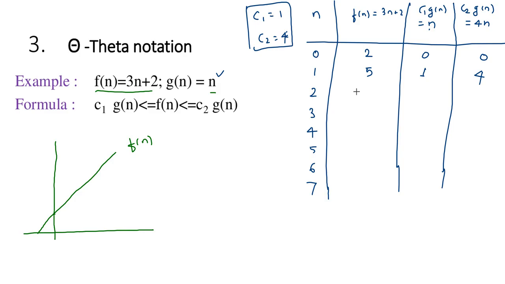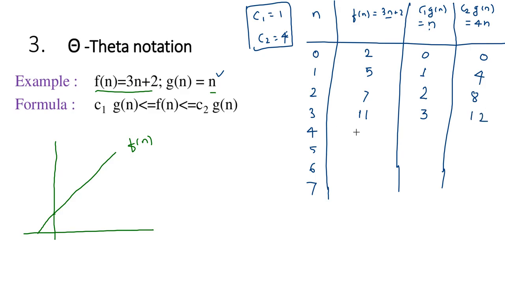If n is equal to 2, I get 3 into 2, that is 6 plus 2, that is 7, this will be 2 as it is, and 4n means 8. For n equal to 3, 9 plus 2 is 11, here 3, and 4 into 3 is 12.